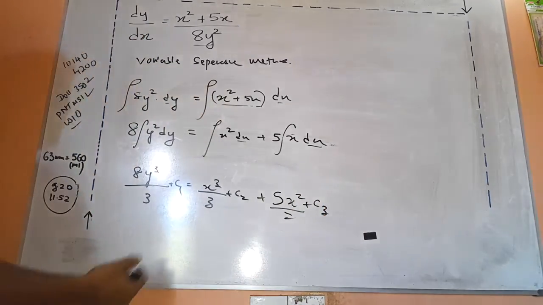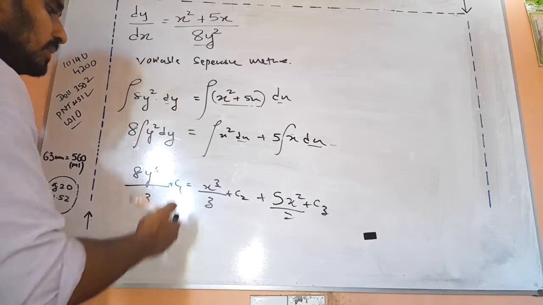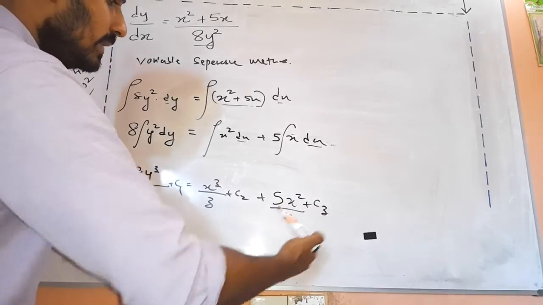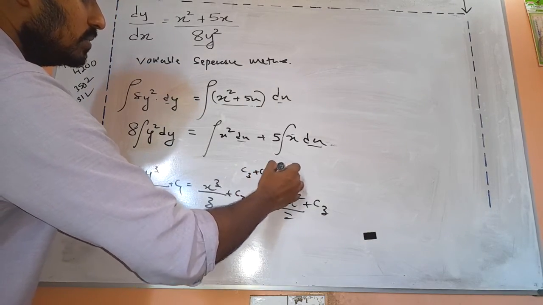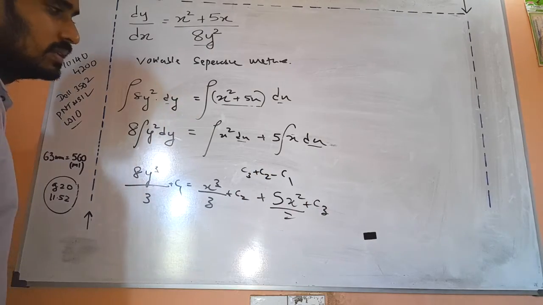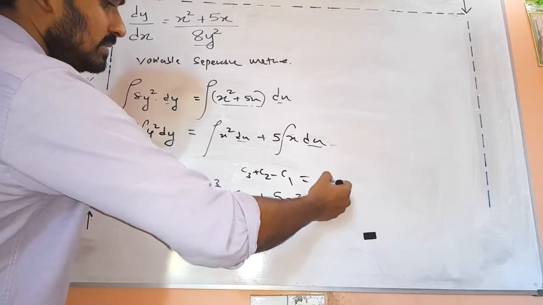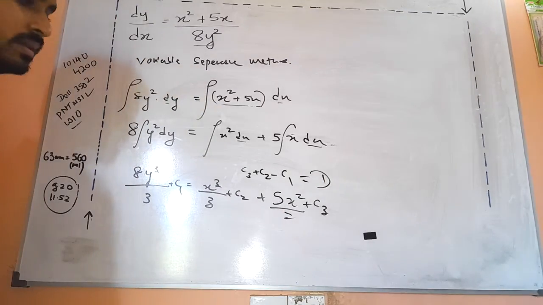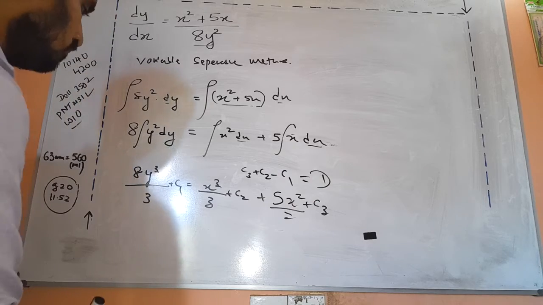You can very clearly see c1, c2 and c3. If we put all the constants on the other side, we get c3 plus c2 minus c1. You can replace this by another constant, let's say capital D. So then what is the final answer?